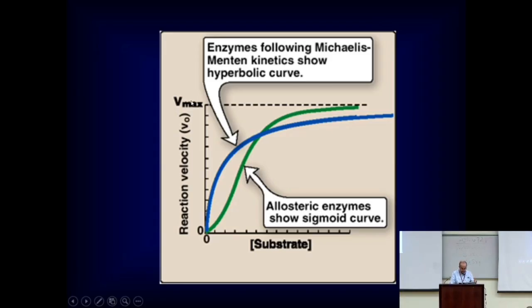We'll get back to that shortly. There's another enzyme in the green trace, and I want you to notice this is a sigmoidal S-shaped curve, completely different than the blue trace.